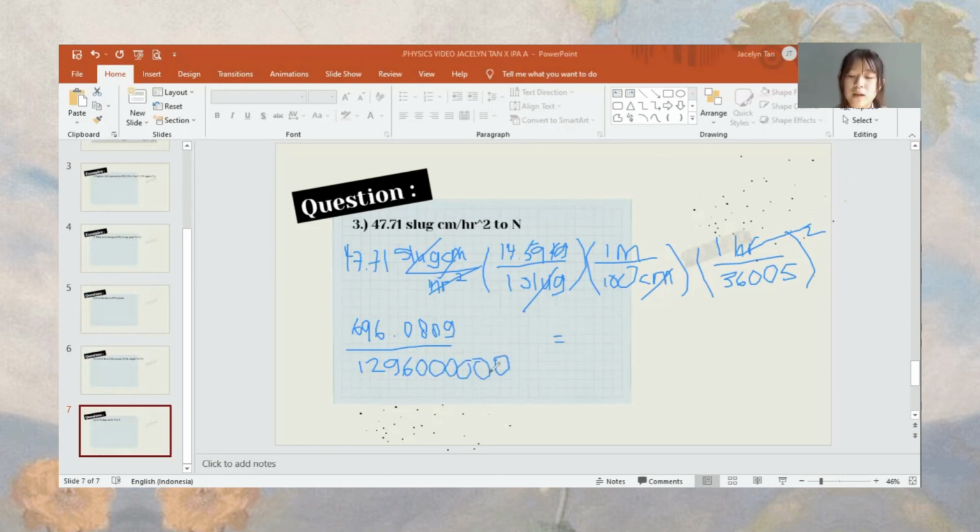If we divide it, we will get 5.37 times 10 raised to the power of negative 7. 5.37 times 10 raised to the power of negative 7 Newton. So this is the answer.